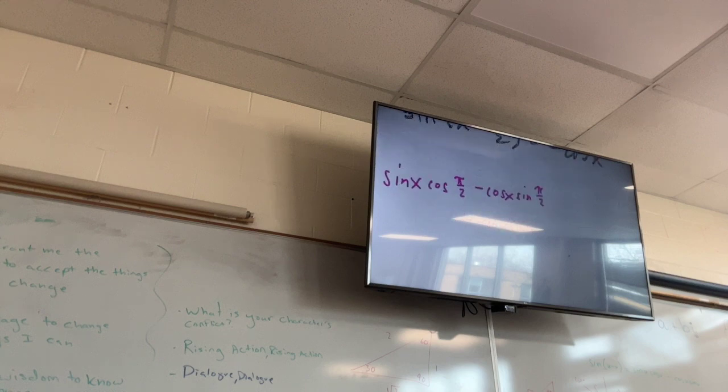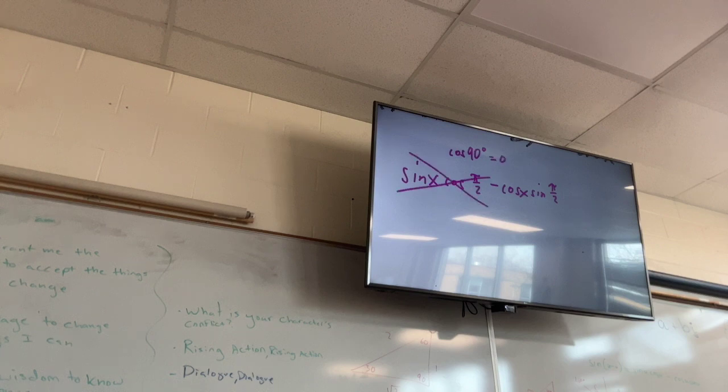Alright, so what's cosine pi over 2? That's the same as the cosine of 90 degrees. What's my coordinate at the top of my little crosshair circle? It's going to be 0, 1. So cosine 90 degrees is 0, and this term goes away.